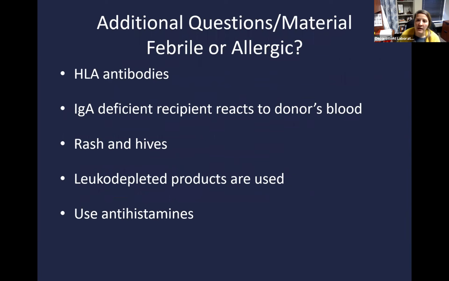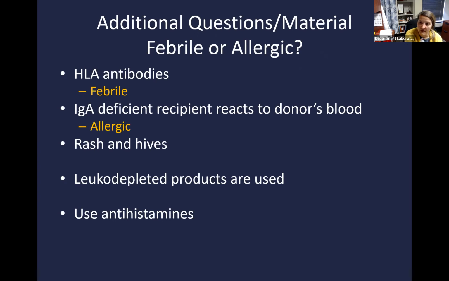All right, so let's look at each of these transfusion reactions and determine if it's related to febrile or allergic. HLA antibodies would be associated with a febrile non-hemolytic transfusion reaction. An IgA deficient recipient reacting to the donor's blood would result in an allergic reaction.